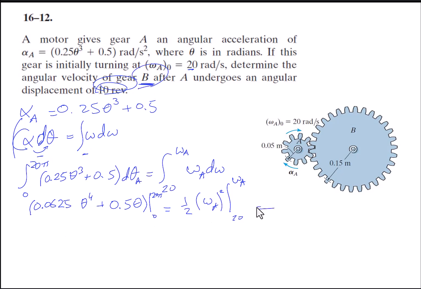So when you substitute everything, you get that the omega of gear A, the angular velocity, is 1395.94 radians per second. And we know that at this point, they both share the same velocity. So this radius with this omega is equal to this radius with this omega because the linear velocity is the same.